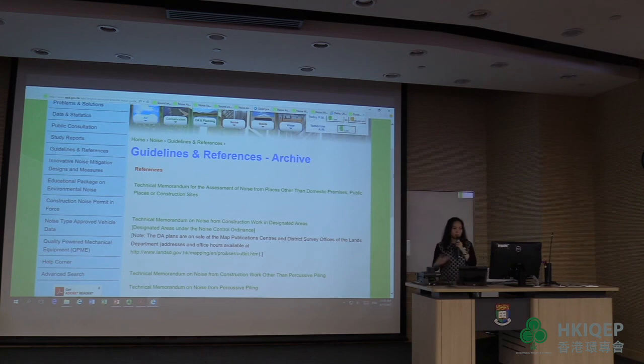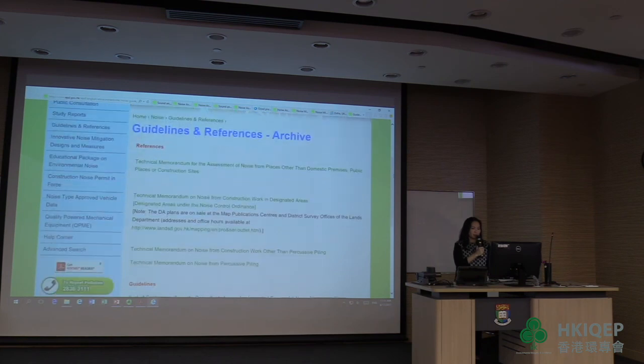And because for some of the noise assessments, like those required for industrial or fixed plant noise, there's an assessment methodology set out in the technical memorandum for the assessment of noise from places other than domestic premises, public places or construction sites, that we have to make reference to when we are doing the measurement and monitoring.